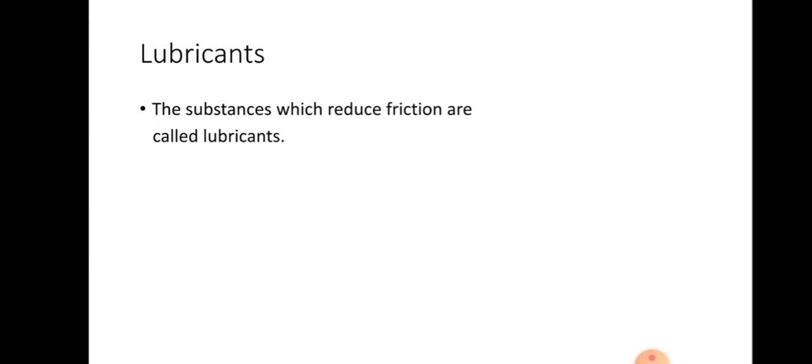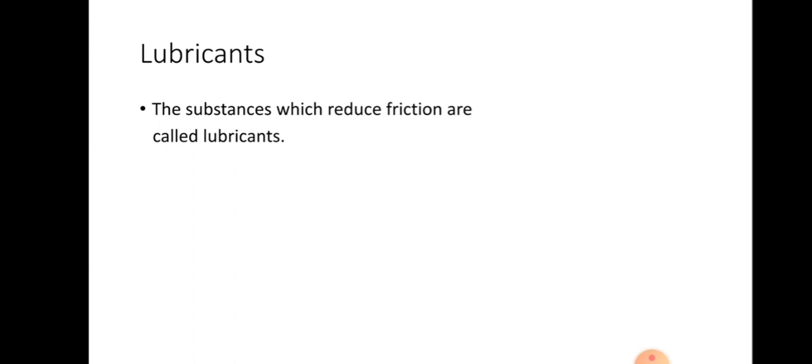The answer is no, never. Friction can never be entirely eliminated. If two objects come in contact, there will be some friction. The friction may be minimized, but it can't come to zero or be eliminated fully.